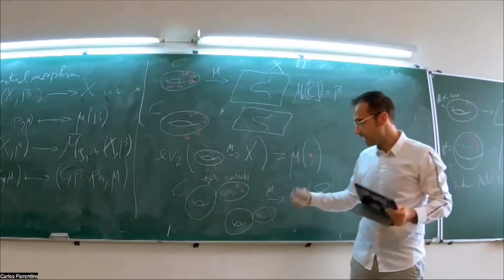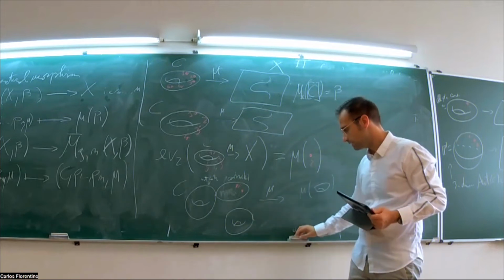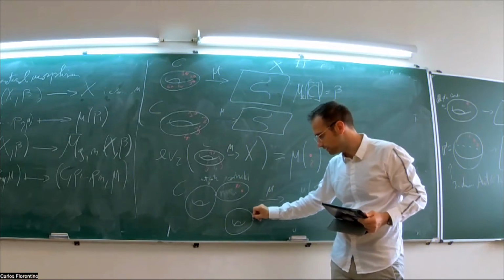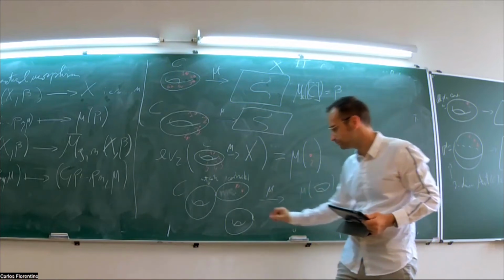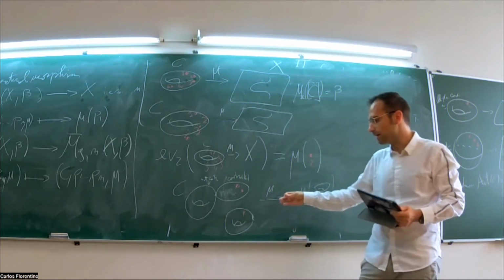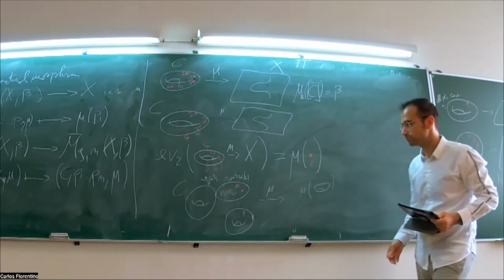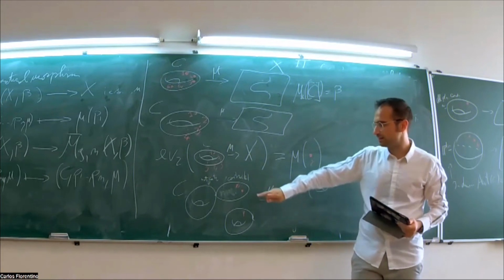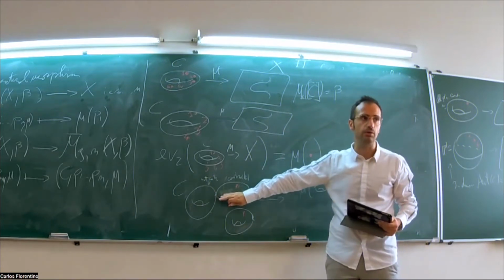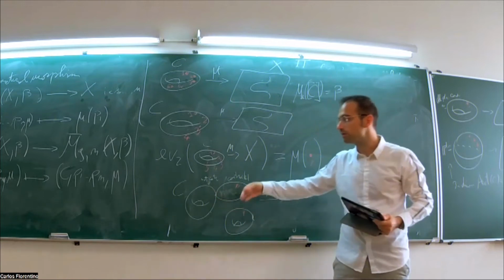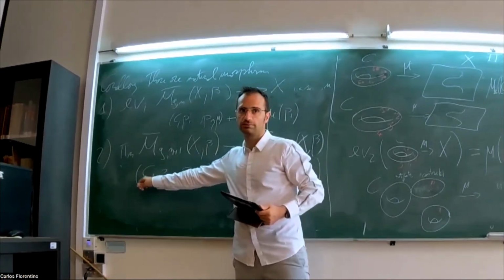So what happens in this case is that this is excluded from the domain, and the marked points stay only in the part that is stable. If I forget one of the marked points, this is not stable anymore, so it must be contracted. So this C can be changed.